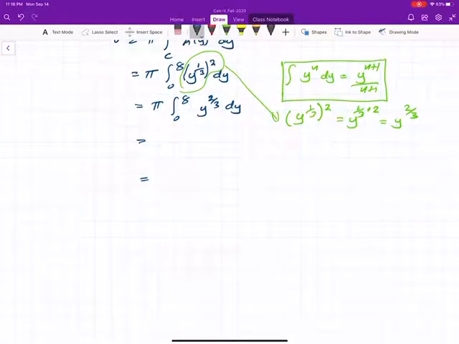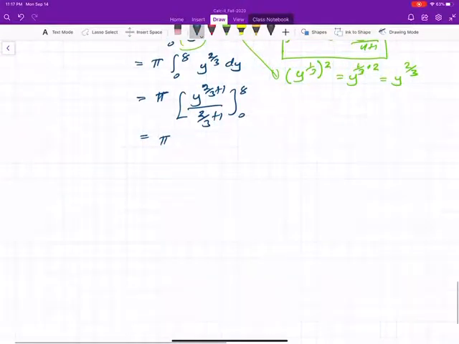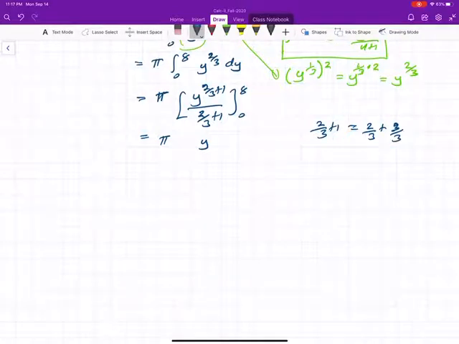Then this should be pi, y to the 2 over 3 plus 1, and then you apply the limit 0 to 8. 2 over 3 plus 1 should be 2 over 3 plus 3 over 3, which is 5 over 3.